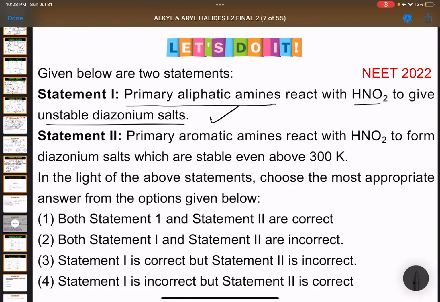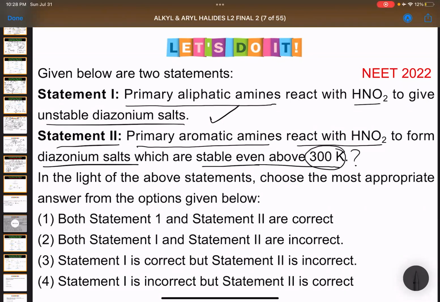Okay, now the second statement, primary aromatic amine. Now that's what we have seen just now. When reacted with nitrous acid or NaNO2 plus HCl, which ultimately gives nitrous acid, it gives a diazonium salt, correct? Which are stable even above 300 Kelvin.